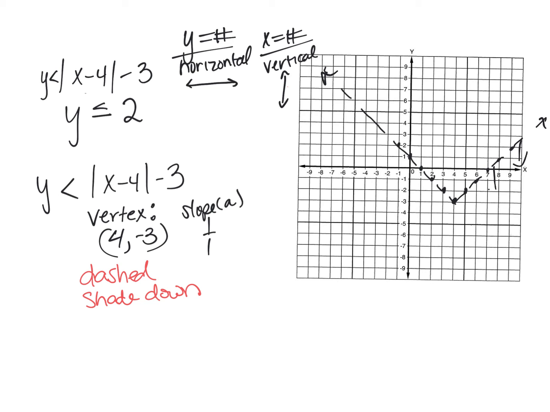And we're going to shade down. So that's everything under. All the points that are on the V are not solutions because it's less than, not less than or equal to. And everything under the V is a solution.